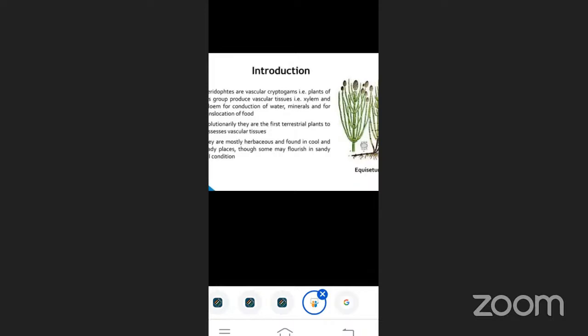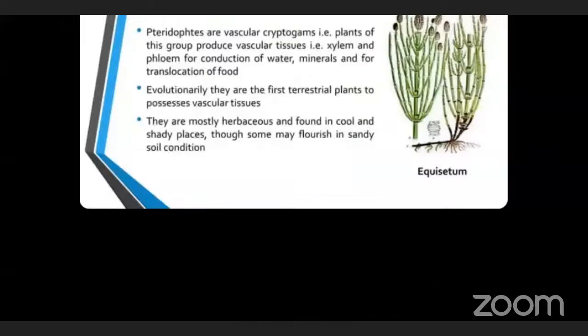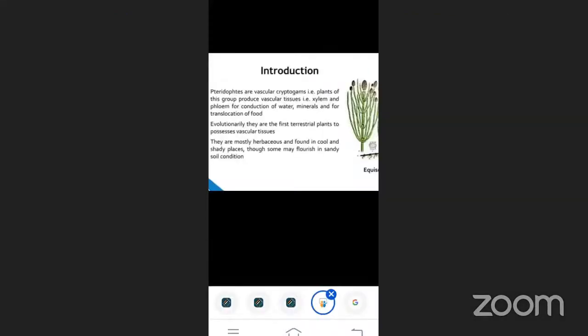That's why it is called an amphibious pteridophyte. And the pteridophytes possess an independent sporophyte with a distinct vascular system. The sporophyte is an independent plant, so it grows individually.